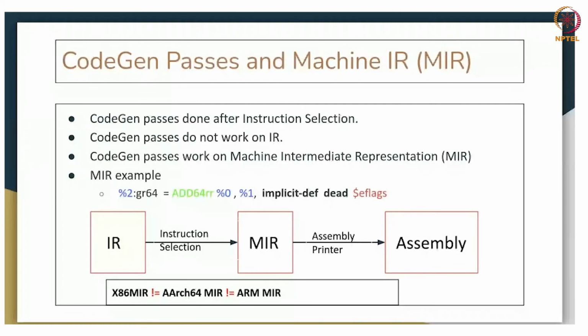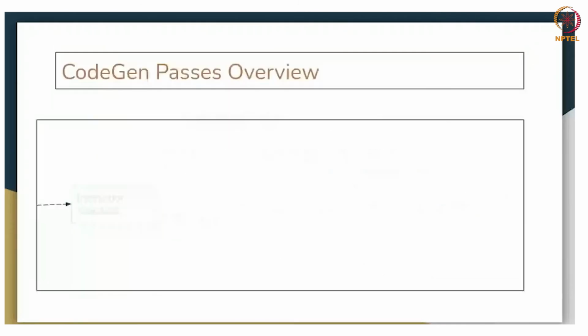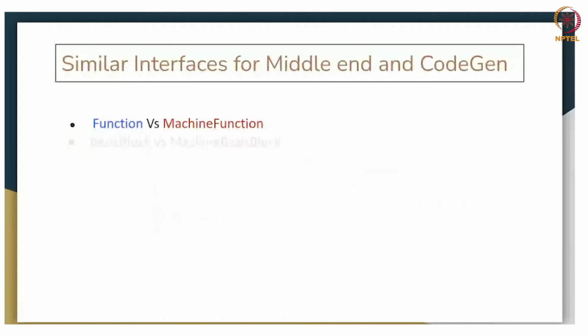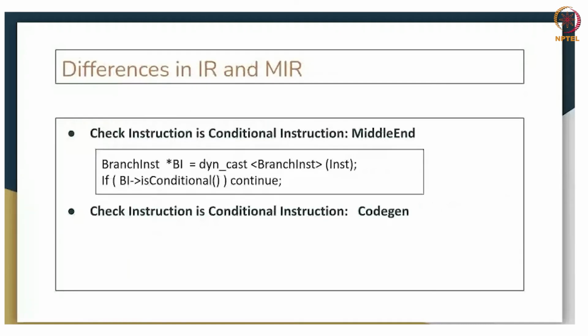I have one doubt. You talked about how we can access the IR from the MIR through a pointer, right? Yeah. So where is this being used, when we go back from MIR to IR?